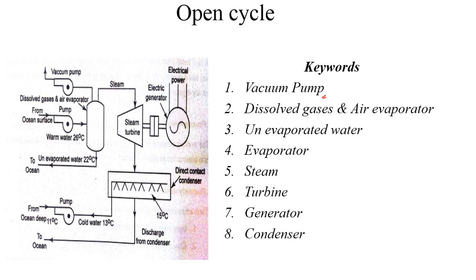Let's start from here. From the ocean, seawater enters the evaporator. With the help of the vacuum pump, a vacuum is created in this evaporator, so that the pressure gets decreased.